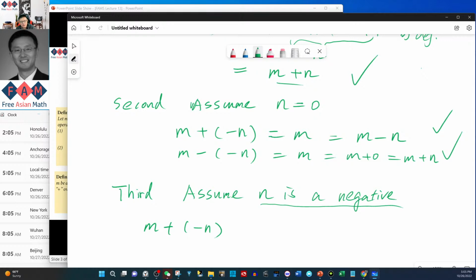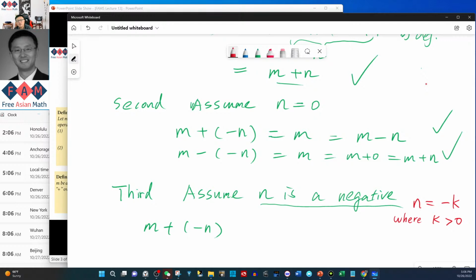But we will do something very clever, but very, very basic in algebra. Because n is a negative integer, what can we do? We write n as negative k, where k, well, I hesitate to write this, but for notation, we just write that k is greater than 0.